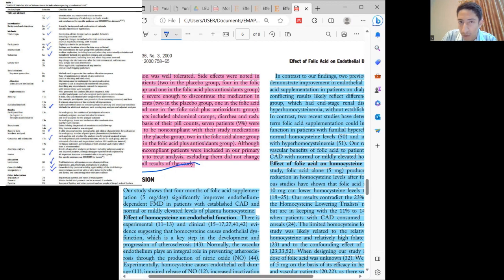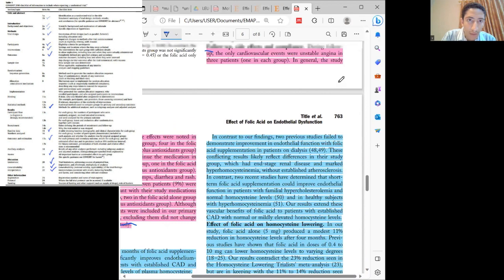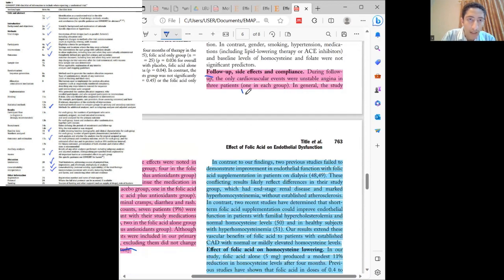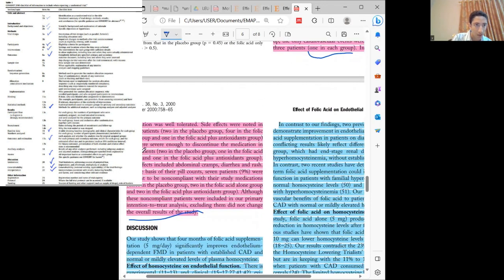Number 19 is all important harms or unintended effects in each group, for specific guidance see CONSORT for harms. This one, because each group. In general, for patients, two in the placebo group, one in the folic acid group, and one in the folic acid plus antioxidants group.